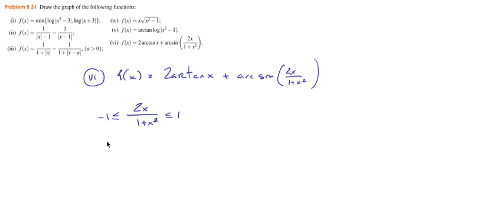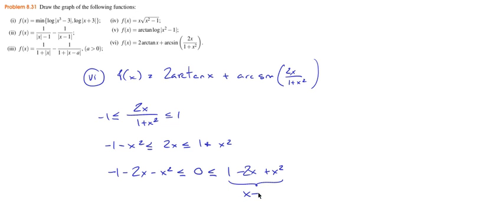Well, if you do that, you have minus 1 minus x squared smaller or equal than 2x, smaller or equal than 1 plus x squared, right? And if you subtract 2x on both sides, you have minus 1 minus 2x minus x squared on one side, and on the other 1 plus x squared minus 2x.